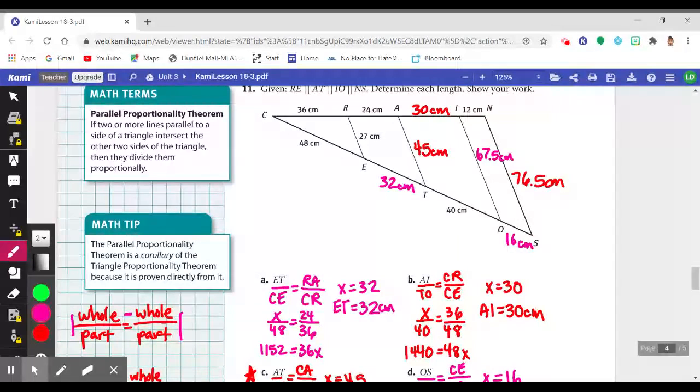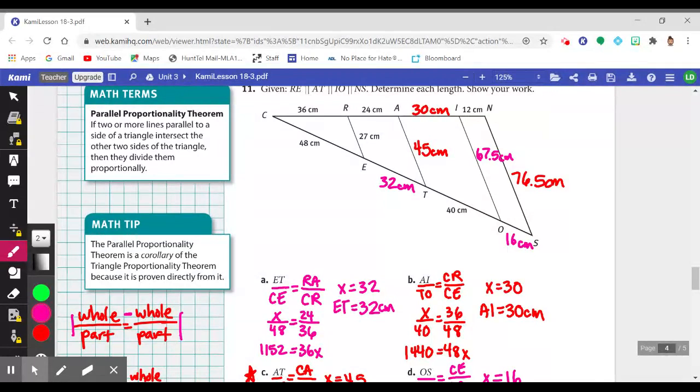I do want to stress, and a lot of you have been noticing, this is not the only proportion we could write, or even the only way we could solve these proportions. This is just one method to do it. So let's look at item B. AI, again, a part, not a whole side, but it's a part of triangle CIO.